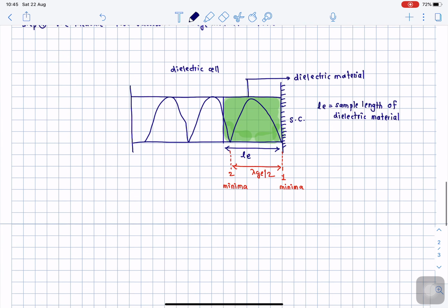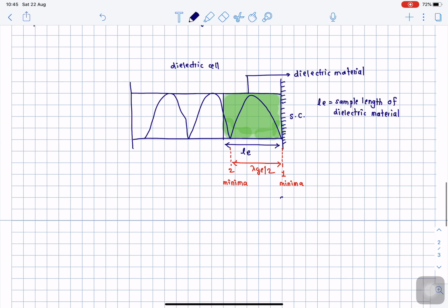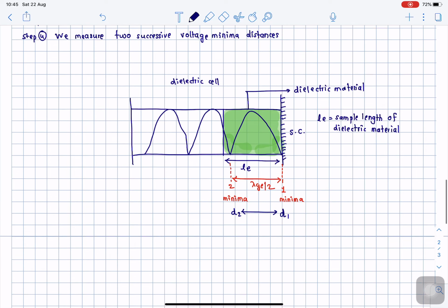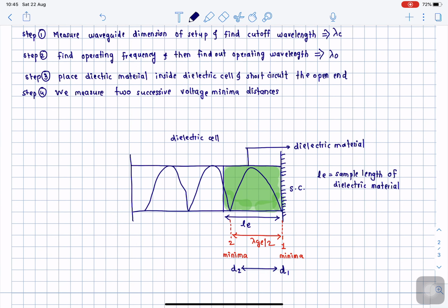Say of these voltage minima distances, let us say D1 we will get at the wall only, and D2 we will get over here. The difference between D1 and D2 will provide us half of the guide wavelength. So these distances are D1 and D2.